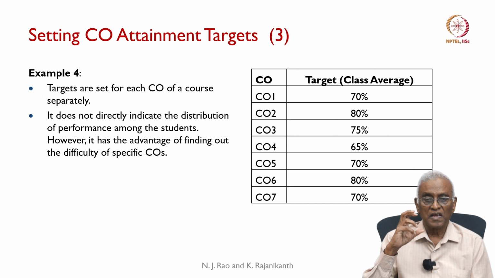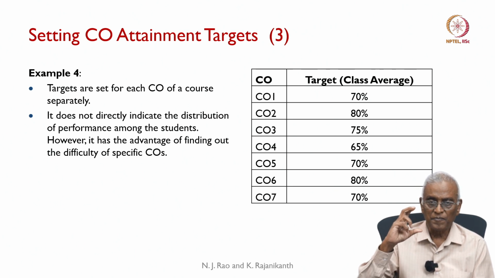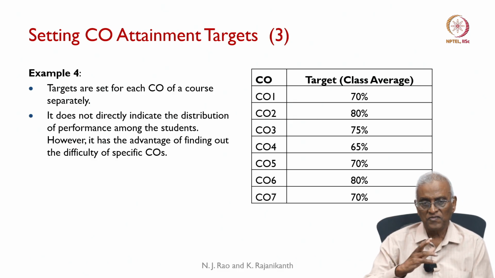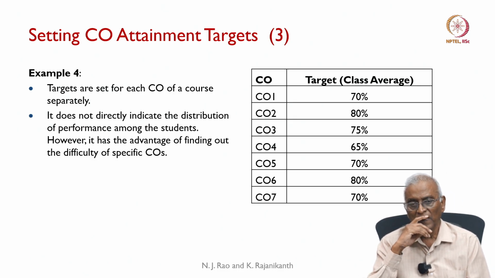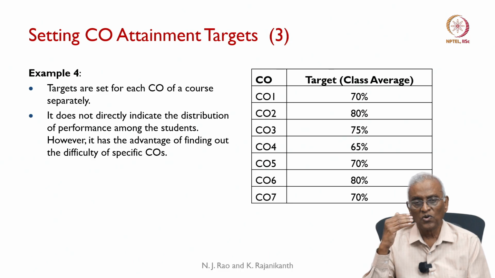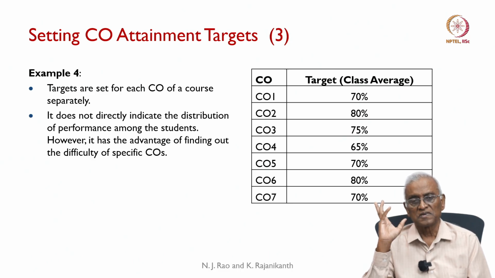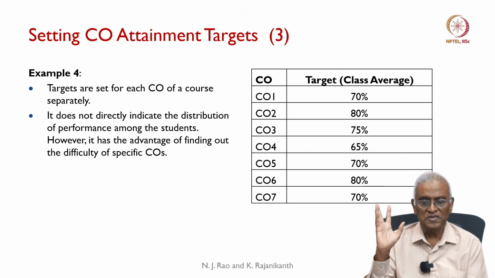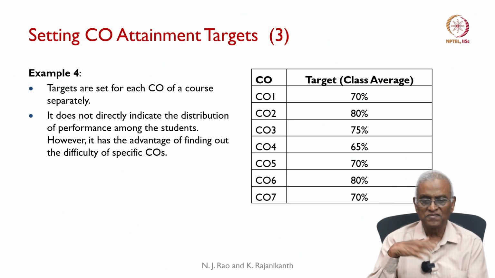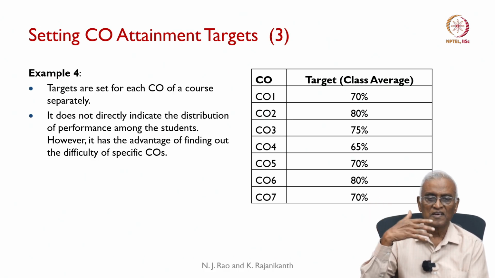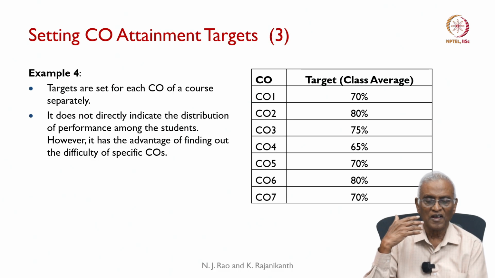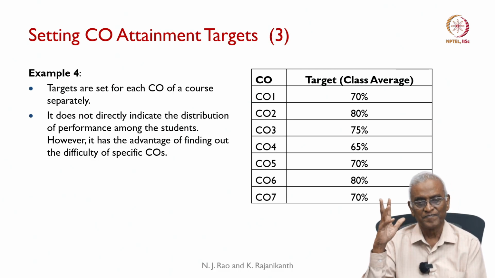When the students are not able to achieve something, you cannot keep bringing the target down. In fact, we have seen in some institutions the target is kept so low, like 40%. That means if they get 40% marks, then they have achieved the course, and all the course outcomes have been attained.